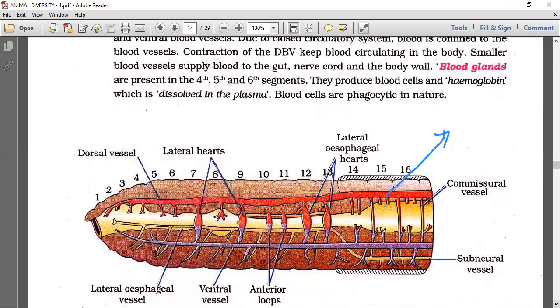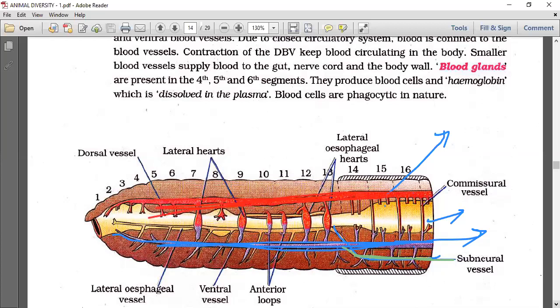This is the commissural blood vessel, connecting the dorsal blood vessel to the subneural blood vessel. I'm using blue here to show the subneural. This is the subneural blood vessel. This is the ventral blood vessel. Below that we can see the subneural blood vessel, and this is the dorsal blood vessel.